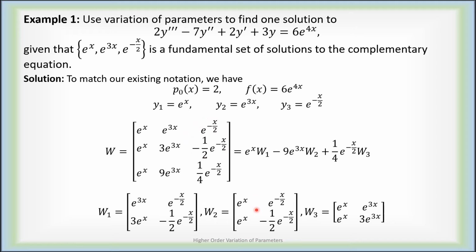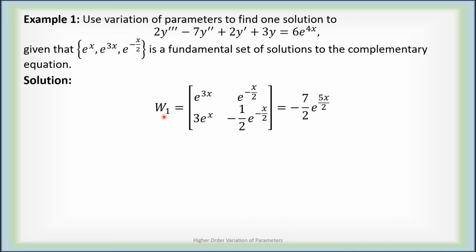So we make that matrix. W3 is the matrix formed by striking out the last row and the last column, leaving just these 4 entries, e to the x's on the left and various e to the 3x's on the right. So we just have to take determinants of these smaller matrices. That will give me W1, W2, W3. I take those values back here. That will give me the value of W, and then we're basically done.